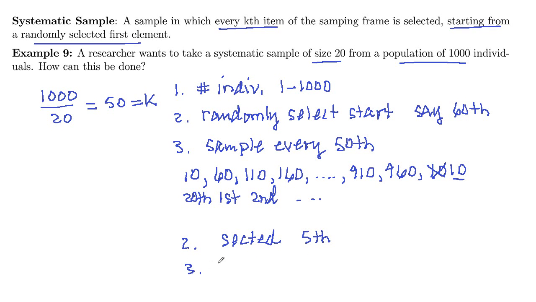Then in step 3, our sample is going to consist of person number 5, and then add 50, 55, add 50, 105, keep going, 155, 205, 255, etc., all the way up to 955. And then that way we don't have to wrap around and start at the beginning. And you may find that easier. In fact, I think it is easier. But they're both systematic samples.